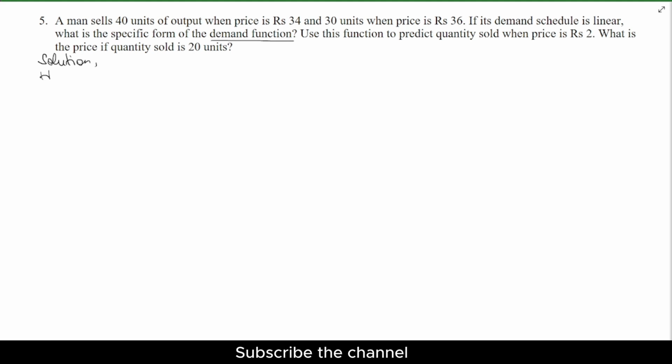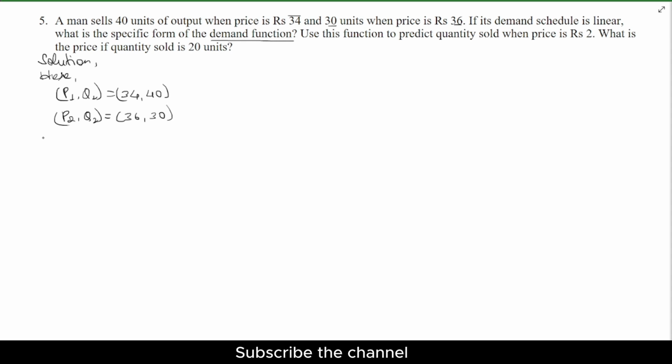Okay, let's move on. Solution. Here, the two conditions are given. Let's write the price and the quantity. The price is 34 for 40 units, so we can write it as 34 comma 40 as P1 and Q1, and then the second price and second quantity: the price is 36 with quantity 30, so we write 36 with 30.